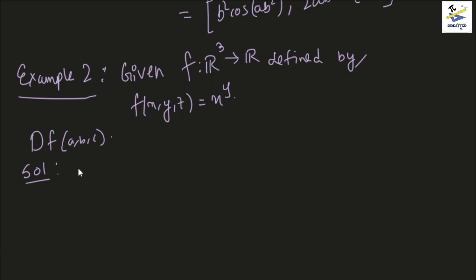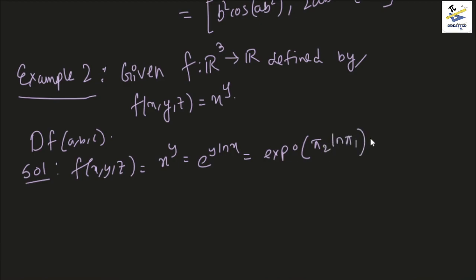Now write f of (x, y, z) as this. We can write this as x to the power y, which is basically e to the power y log x, which is basically exponential of pi 2 into log of pi 1 at the point (x, y, z).